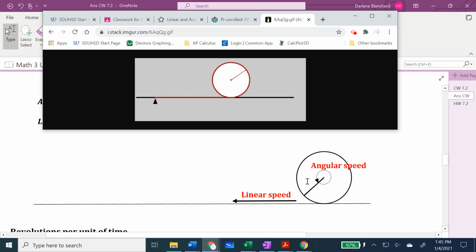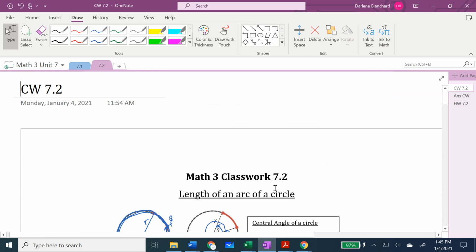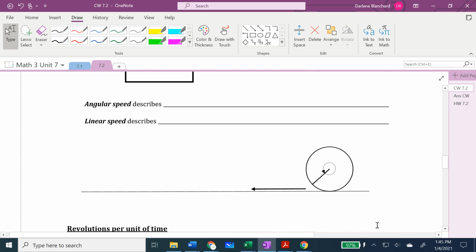I have this diagram here to emphasize how quickly the turning goes. That is your angular speed, but how quickly it moves along is your linear speed. I have this picture for your classwork to give you a visual picture of the meaning of angular speed and linear speed.